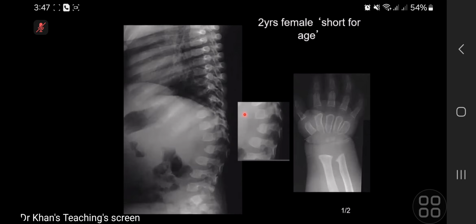On the lateral spinal radiograph, there's an abnormality in one of the vertebral bodies within the lumbar spine. It looks like the L2 vertebral body. It's got a shortened anterior distance.